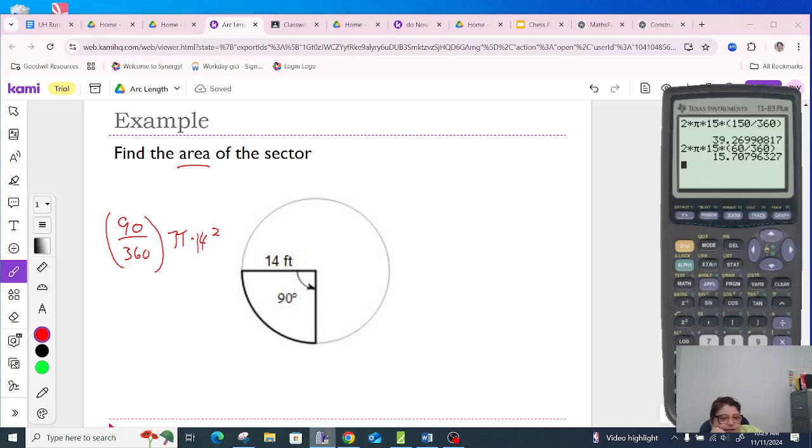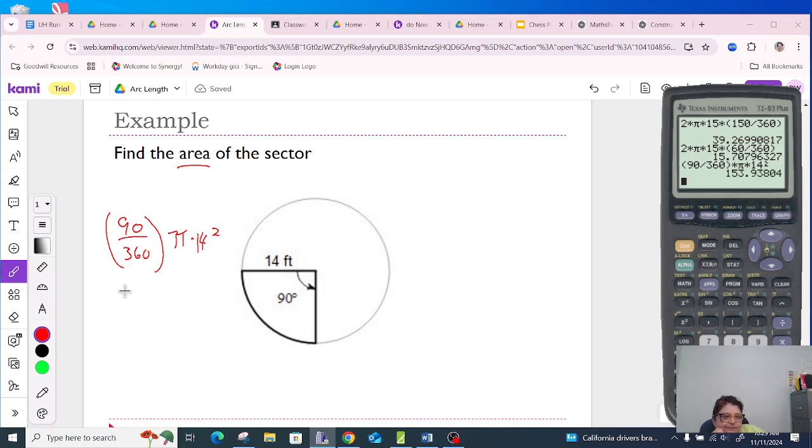So I would get 90 divided by 360 times pi times 14, and don't forget to square it. That's a common error. 153.9.